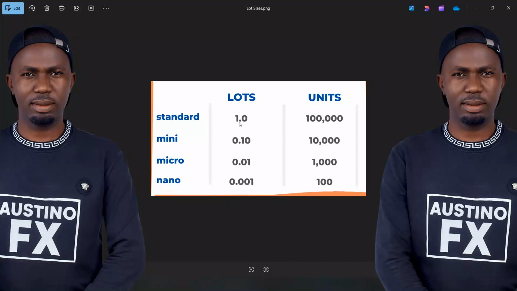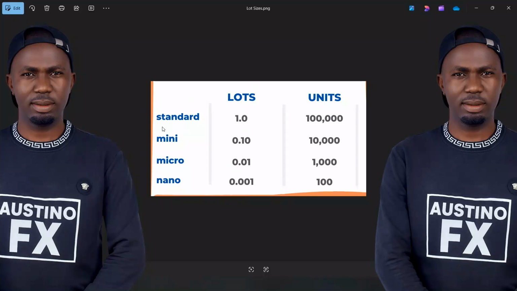Don't use the standard lot size with a $2,000 account. Don't use the standard lot size with a $5,000 account. Don't use a standard lot size with a $500 account. Only use the standard lot size with $10,000 accounts and above.